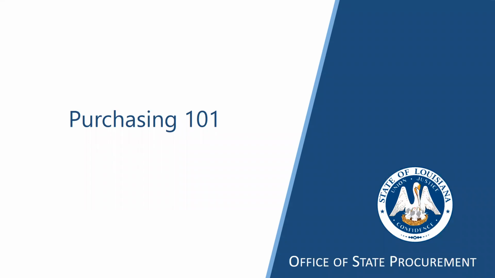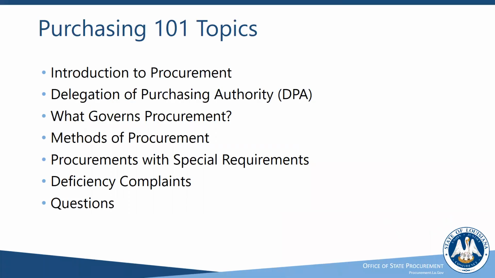So today we're going to discuss some of the basic building blocks of procurement, things that everyone should be aware of who either works in procurement or helps with determining what products or services the agency needs. So let's take a look at the topics we'll be discussing today. We're going to give an introduction to procurement.